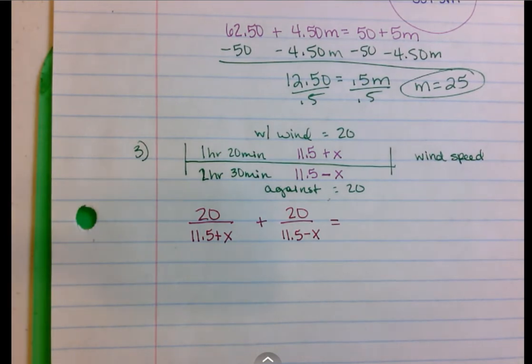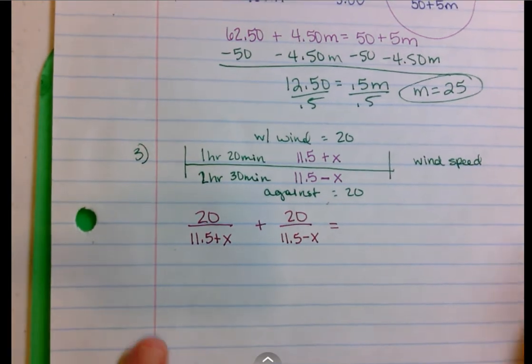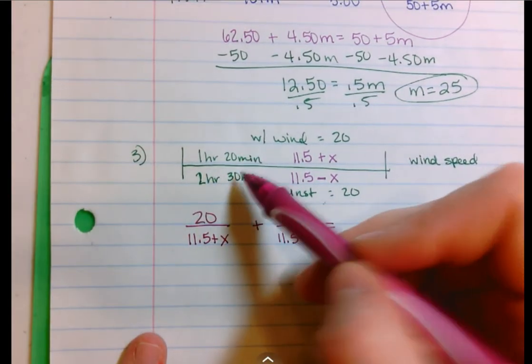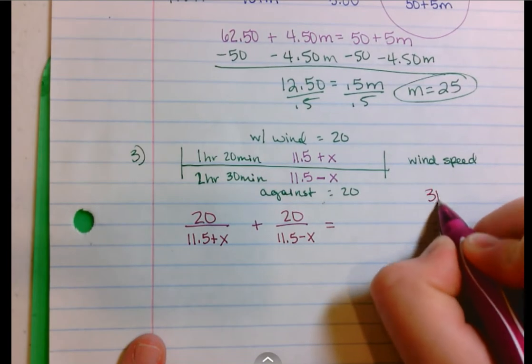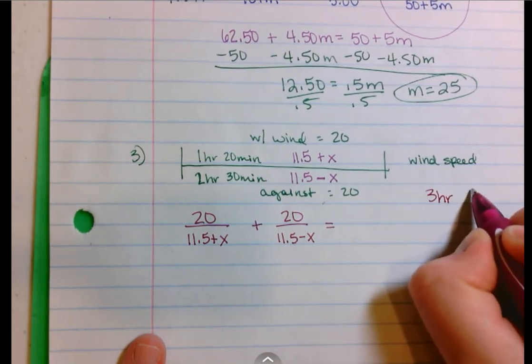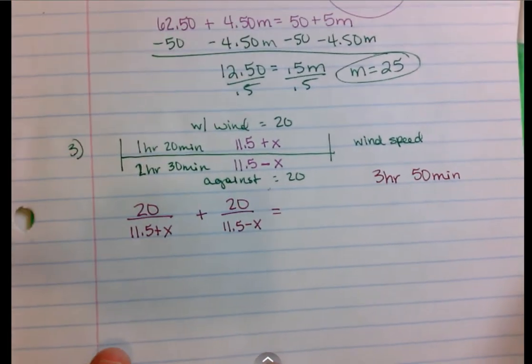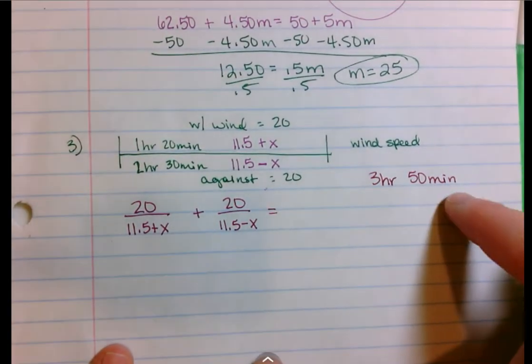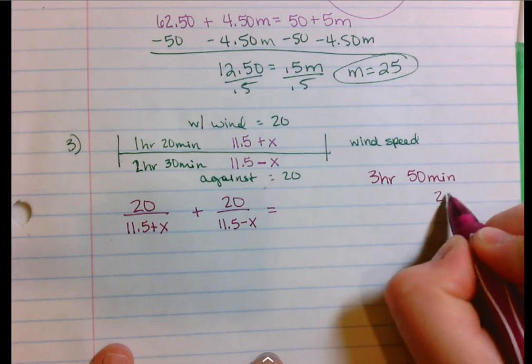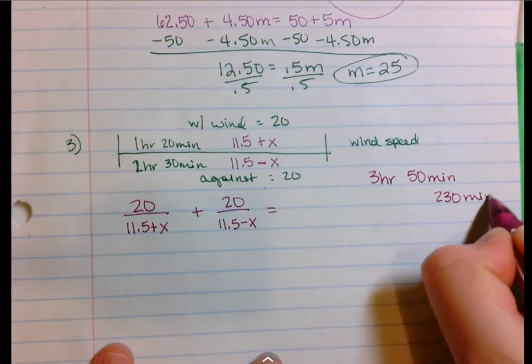So now my total trip is based on your time. So if I add these two times together, my total trip was 3 hours and 50 minutes. However, it can't be in 2 different units, so I'm going to just put this in minutes. This is a total of 230 minutes.